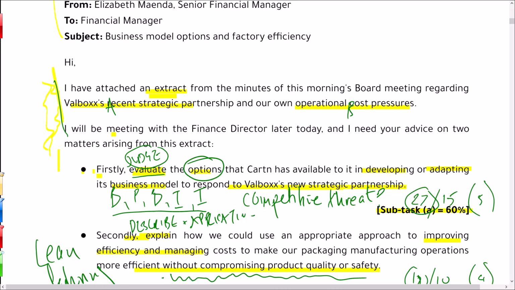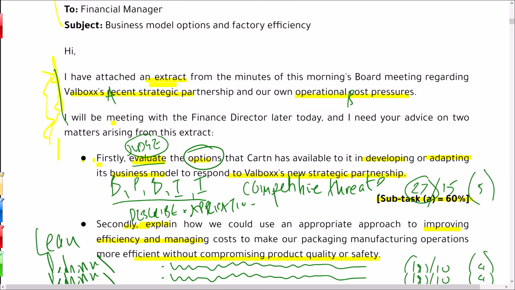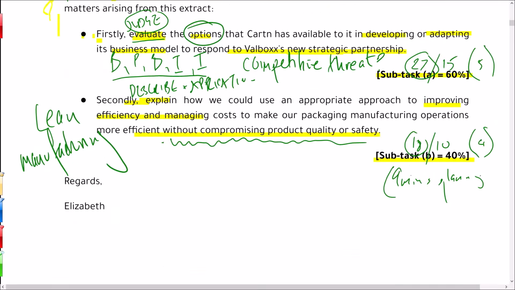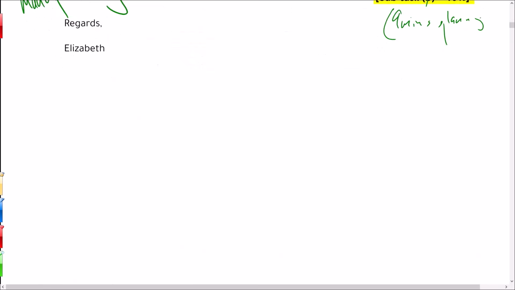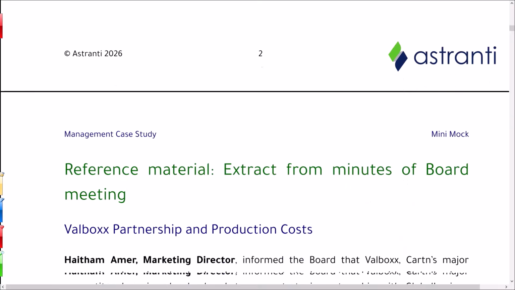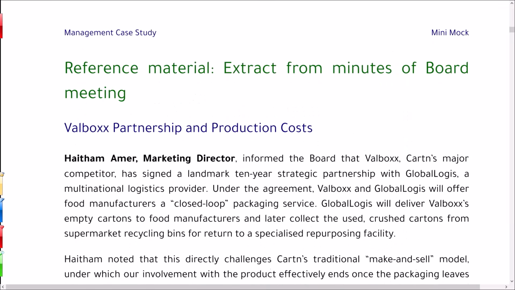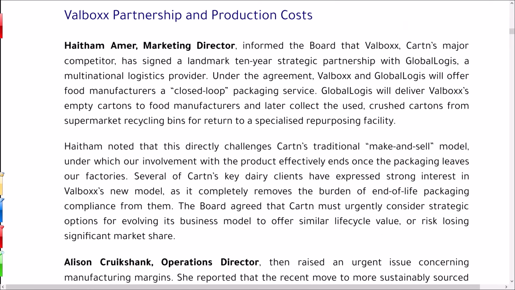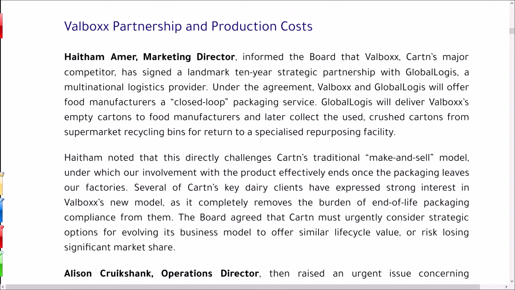Okay, so let's go down now to the reference material. Scroll. So it was a bit laggy. So obviously we've got a nice subsection here to do with Valbox partnership and production costs.